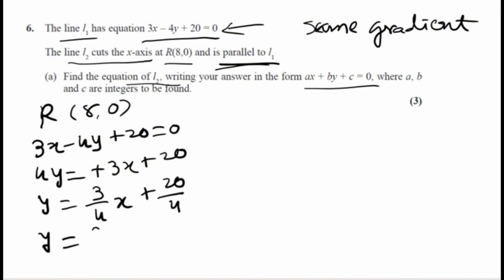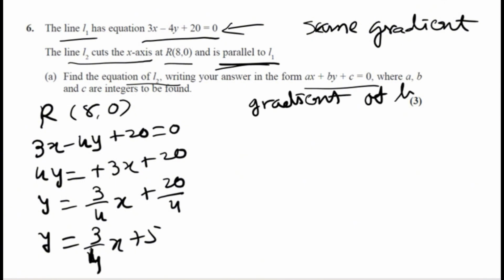So y is equal to 3 over 4 x plus 5. So the gradient is 3 over 4 for L1. So the gradient of L2 is also 3 over 4, because both lines are parallel, so they have the same gradient.